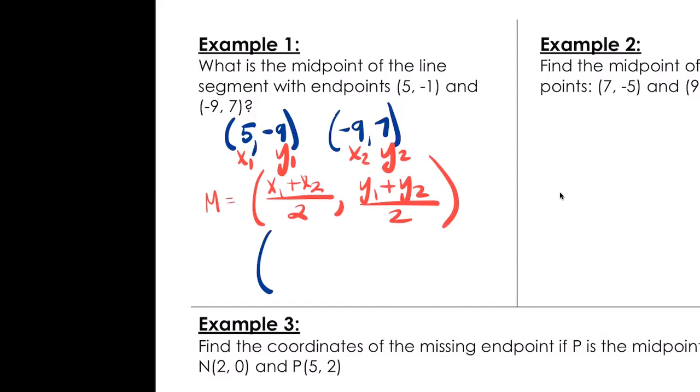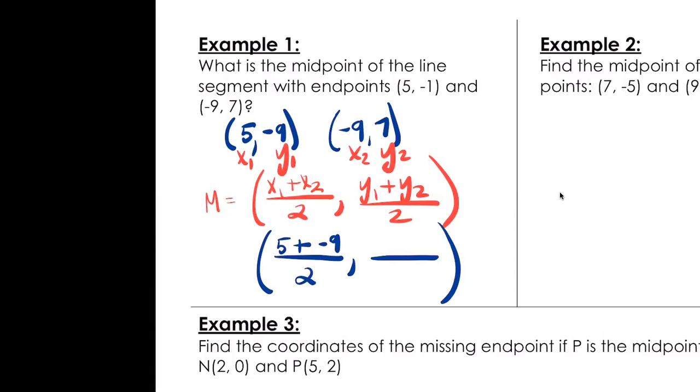So my x1 is 5. So 5 plus my x2 is -9. So I'm gonna put that here. So we have 5 plus -9 over 2, comma. Now y1, oh, I made a mistake, y'all. I'm so sorry.